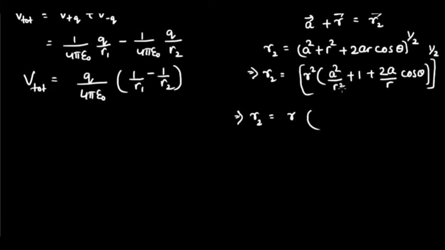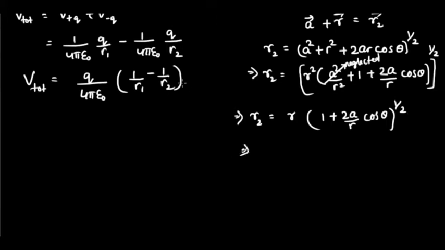This A square by R square value will be very small, because we are talking about a short dipole, and for a short dipole A square is much less than R square, so this fraction is neglected. So we have only 1 plus 2A by R cos theta, power half.